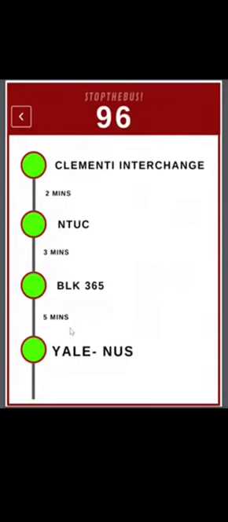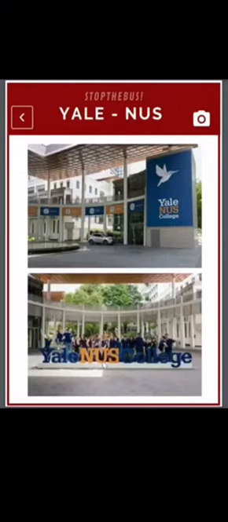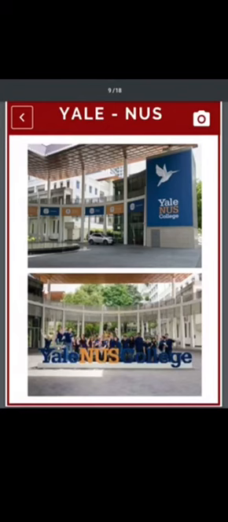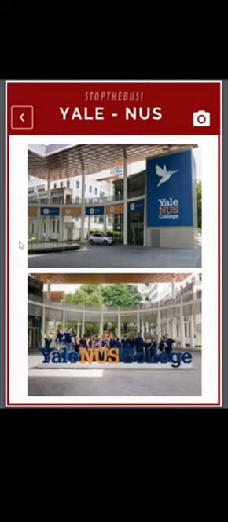For instance, a new user boarding 96 for the first time is not very sure what the bus stops look like. For example, he wants to alight at Yale NUS. He can select Yale NUS and look at the significant landmarks of the bus stop. We will show all the Yale NUS pictures so that the user is more confident of where to stop.